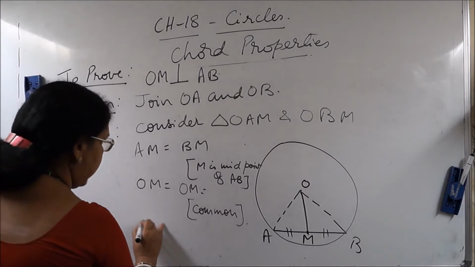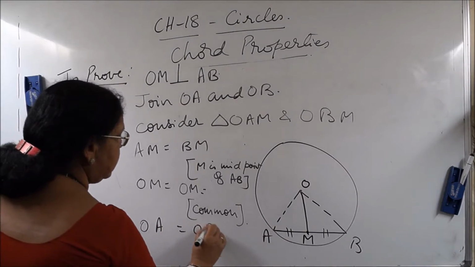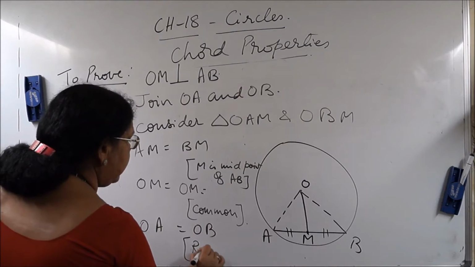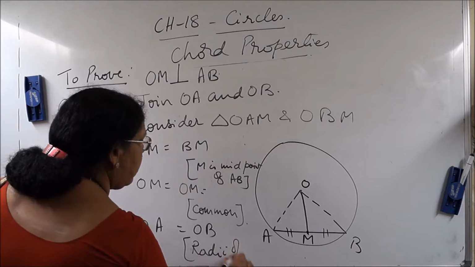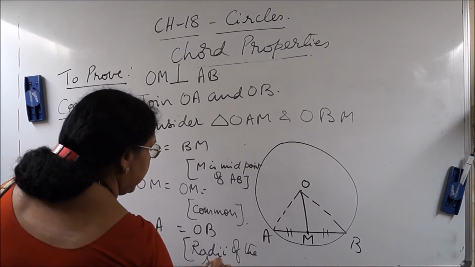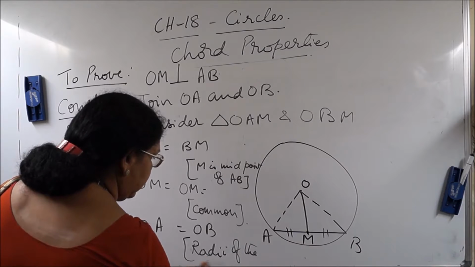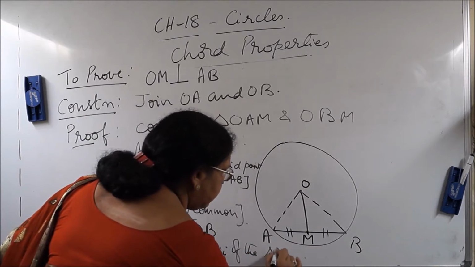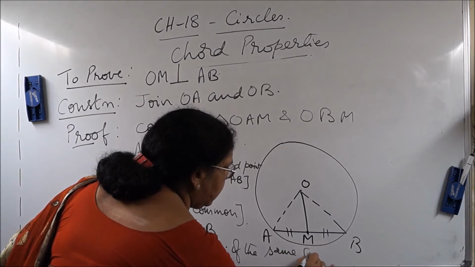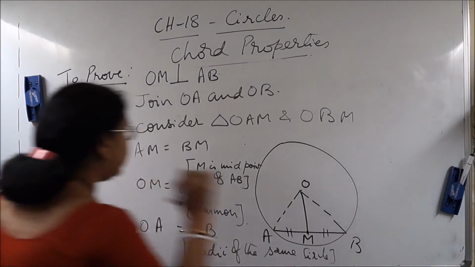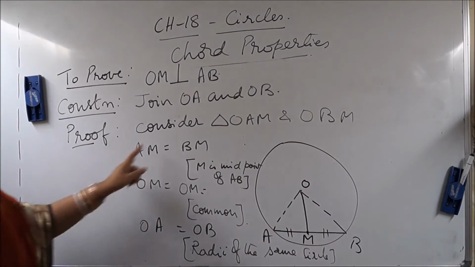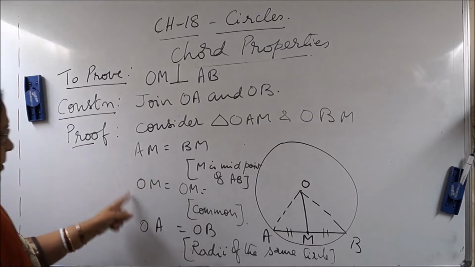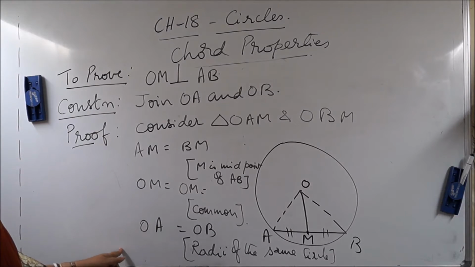So OA is equal to OB, radii of the same circle. So that means these two triangles are congruent by the SSS test, right?